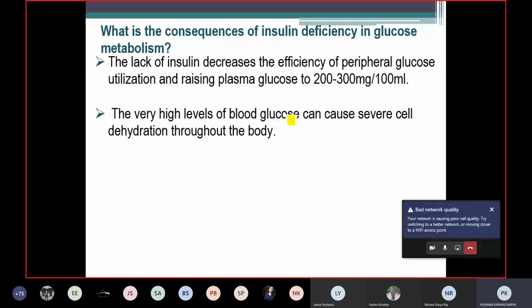Now this high level of blood glucose will cause severe cell dehydration throughout the body, and this occurs because glucose does not go through the cell membrane, and this extra glucose will create osmotic pressure in the extracellular fluid, and this osmotic pressure will bring about osmotic diuresis. That means it will cause the osmotic transfer of water out of the cell, causing dehydration of the cell. So because of that, the body of the individual who has insulin deficiency is affected.